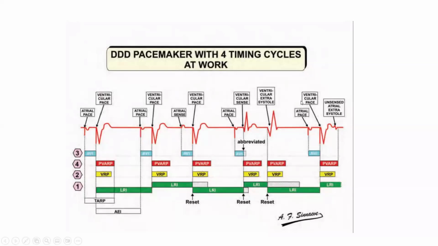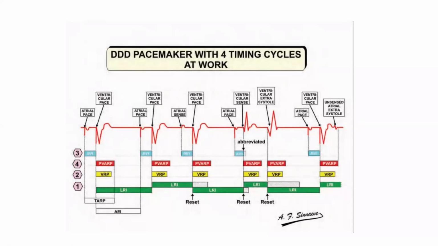Now we have a PVC, and PVC is a ventricular event. The pacemaker sensed it, and it initiated all this. And here we see a very important point in the pacemaker, a little bit advanced, but it's very important and easy to explain here. This is a PVC, premature ventricular contraction.